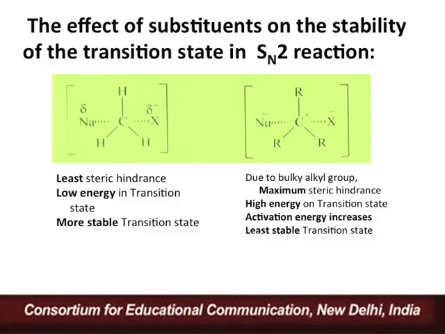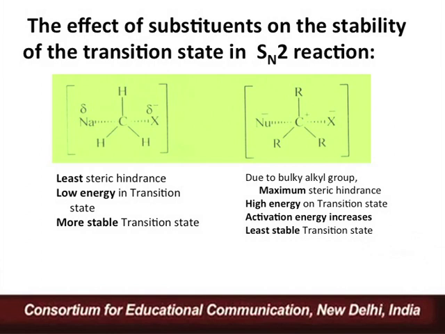Let us see the effect of substituents on the stability of the transition state in SN2 reactions. For this, I have taken a methyl halide and a tertiary halide which is sterically hindered.